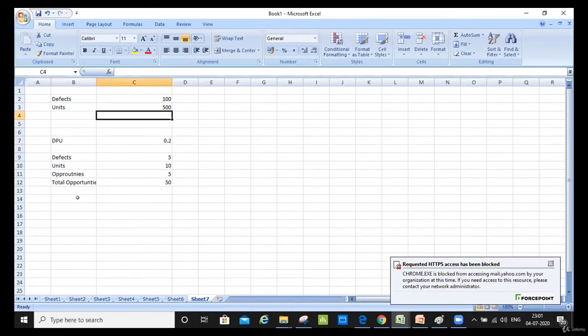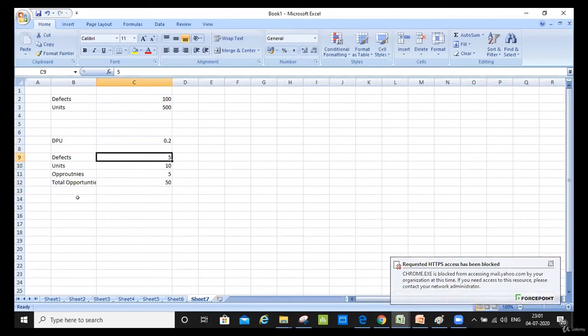Here in the earlier example, I didn't have any opportunity. It was very, very simple. 100 defects, 500 units. So calculating DPU was very, very simple, which is defects divided by units. But here I have opportunities also. Okay. So total opportunity is equal to 10 multiplied by 5, which is 50.